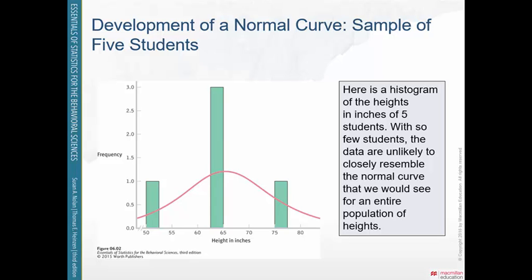And you can see here, this is from your book, when you have a small sample, in this case 5 students, and we're looking at height. So height is down here on the x-axis, frequency again on the y-axis. When you only have 5 students, it doesn't look very normal at all.